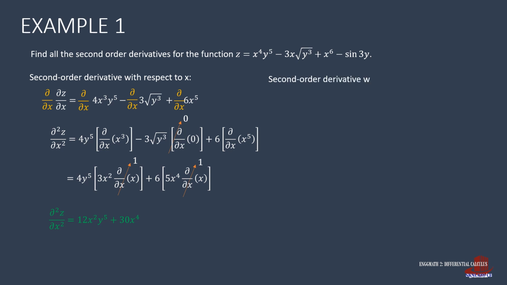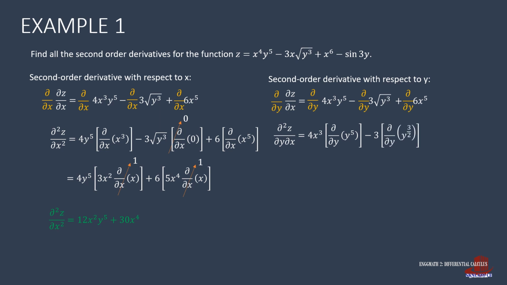The other derivative is the one with respect to y, making the first order derivative turn into 4x cubed times the derivative of y raised to 5 minus 3 times the derivative of y raised to 3 halves plus 6x raised to 5 times the derivative of 0, which basically zeroes out the third term.